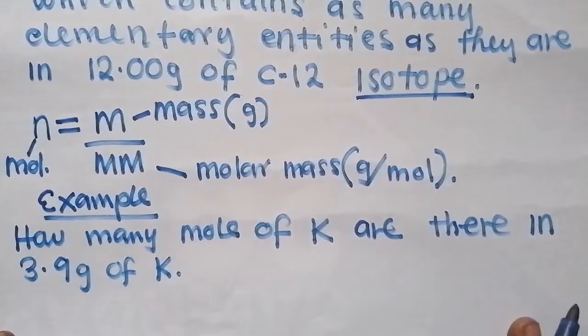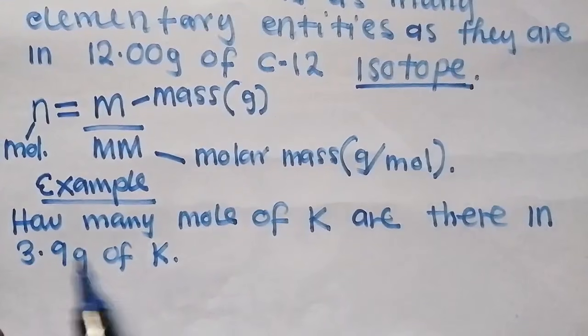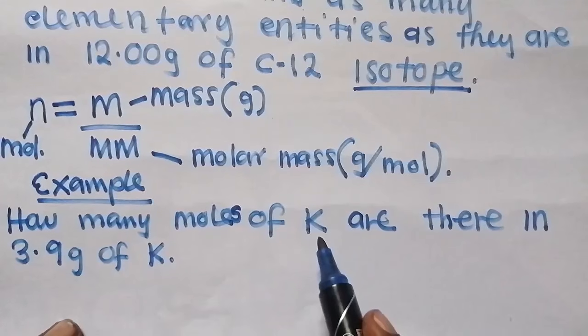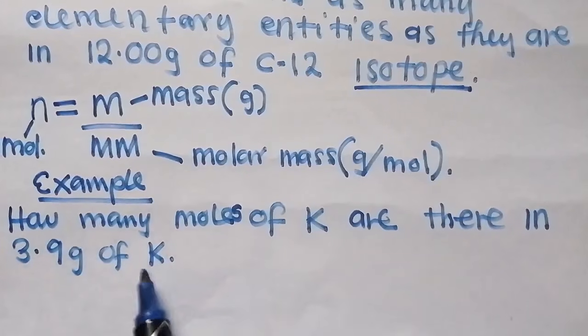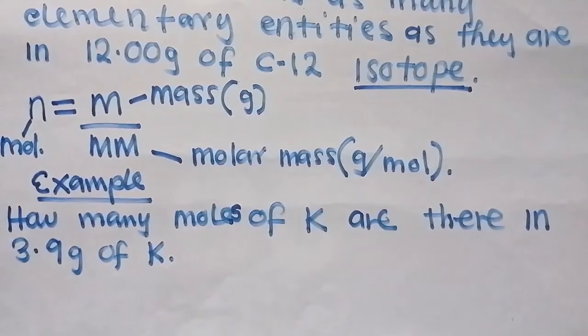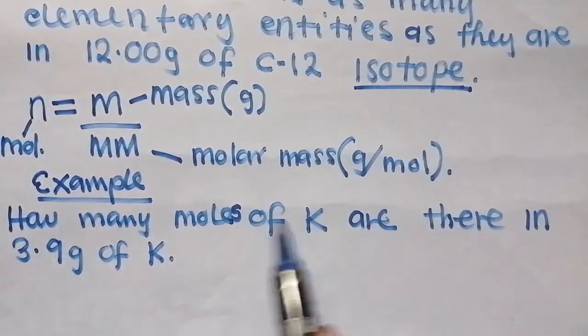This is the question that you are given. You want to find the number of moles of potassium. The K there is the chemical formula for potassium. So we want to find the number of moles in the potassium.